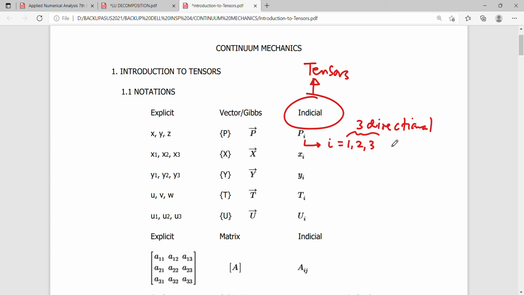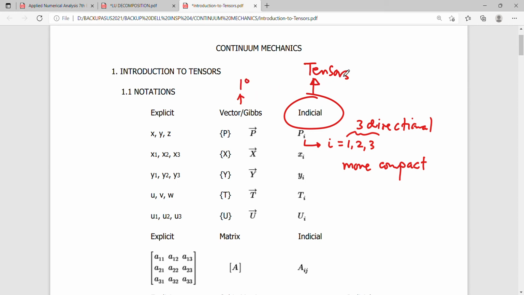Okay, so it can define a position or a direction in space, and the advantage of indicial notation over vector and explicit is that indicial notations are very compact, okay, or easy to write and to annotate compared to both the vector or the Gibbs notation and the explicit notation. Of course, the vector notations are also very compact, but they are only limited to 1 degree tensors.